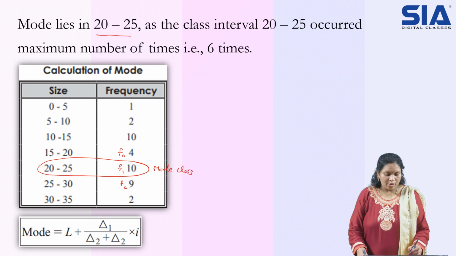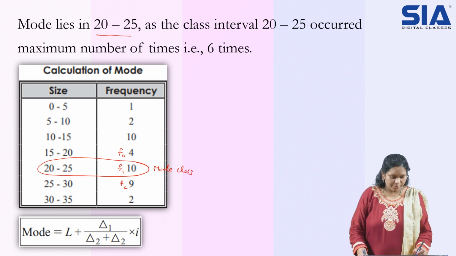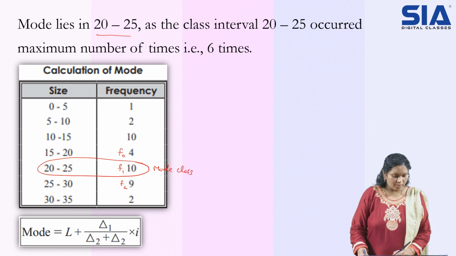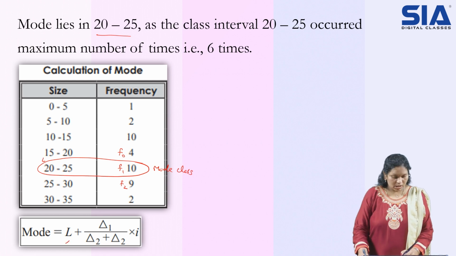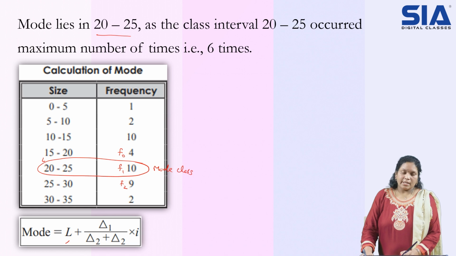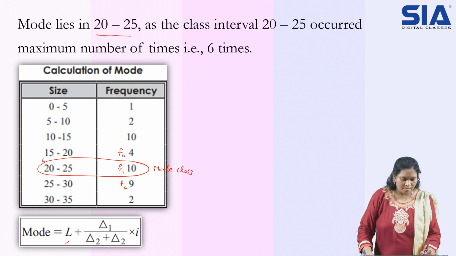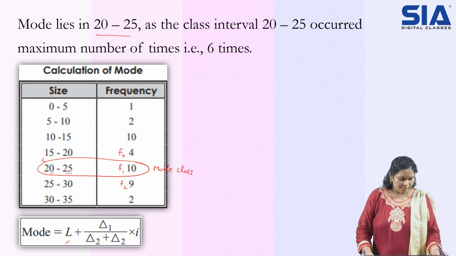So the preceding value from the mode class is F0, the succeeding value from the mode class is F2. So I've got all these values. Now I require L, the lower limit of the mode class. So we got all the values. Now, I is as usual 25 minus 20, that is the class interval. You will get I, that is 5.